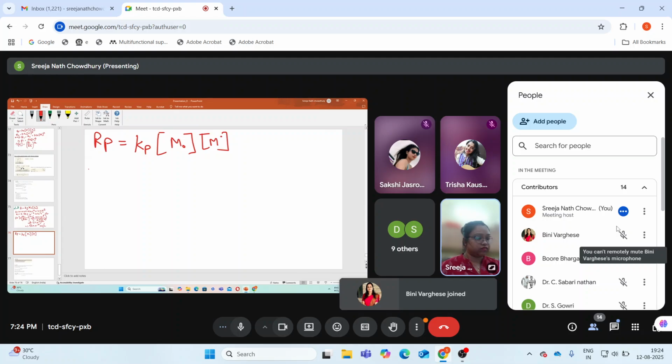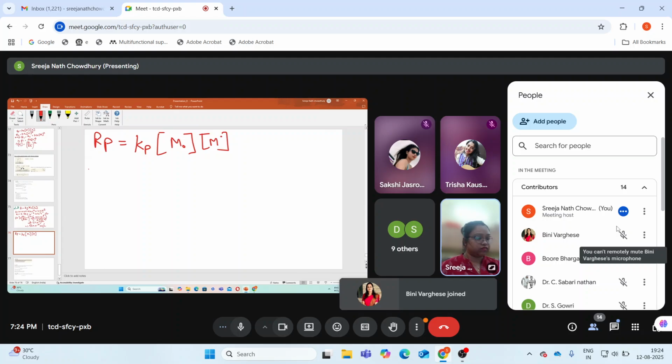1 minus p infinity is equal to 2 kp f kt kd to the power half, I0 to the power half. So at case 1, our p infinity is about 10%. Limiting conversion is 10%. So here we will write 0.1, and for this I0 will be I 0.1.